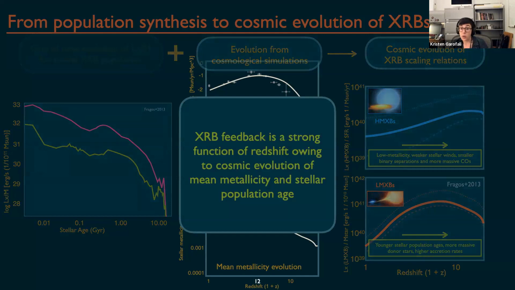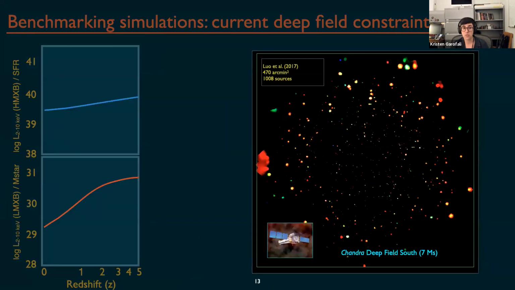And so just a takeaway from this, from our cosmic evolution from the theoretical simulations, is that X-ray binary feedback is a strong function of redshift. And this can primarily be seen as due to the cosmic evolution of mean metallicity of the universe and the sort of average stellar population age as a function of time.